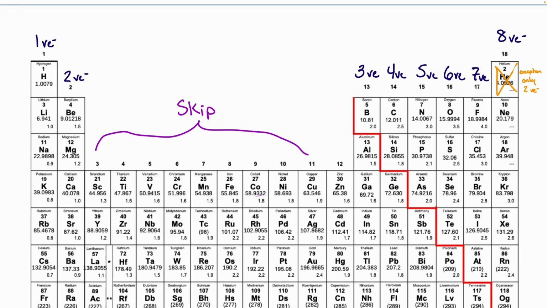Now again, we're talking about ionic compounds. We'll get to covalent compounds in a bit. We're restricting our discussion to just ionic compounds. And remember, in our ionic compounds, our metals are losing electrons and our nonmetals are gaining electrons.